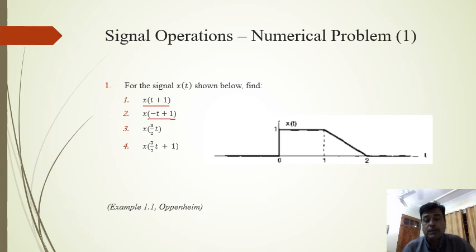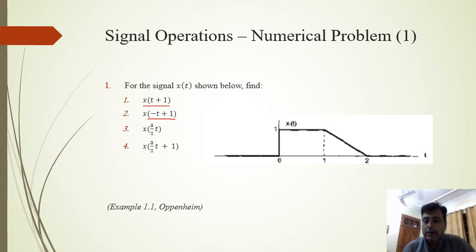Now for this particular set of operations the order is not important, and you can easily see this from this example. You can do it both ways: first reflect and then shift, or first shift and then reflect. You will get the same answer. So it means here the order is not important.